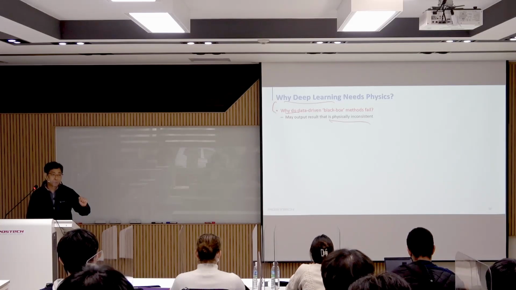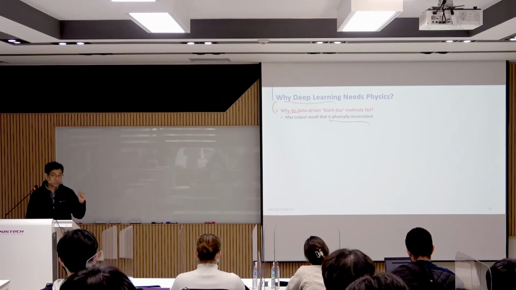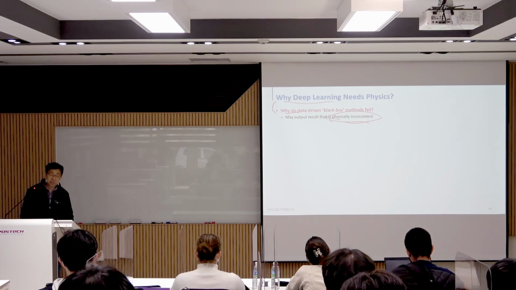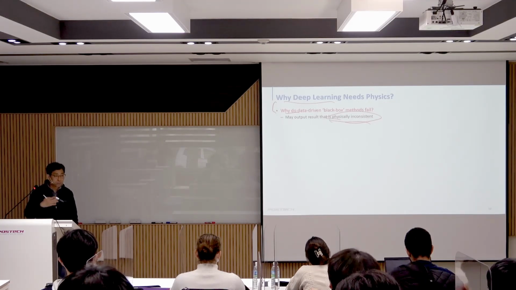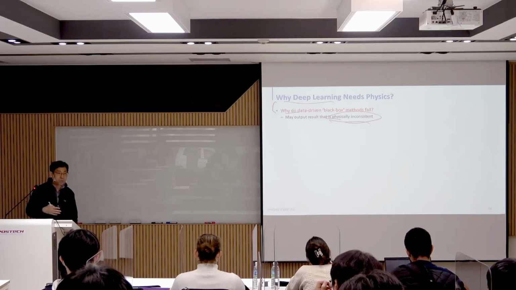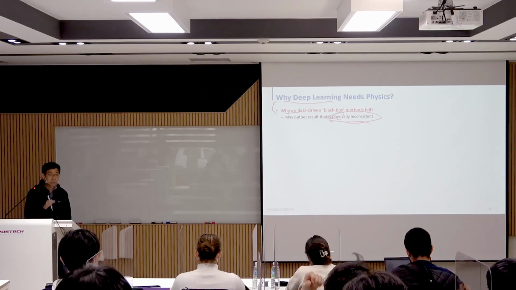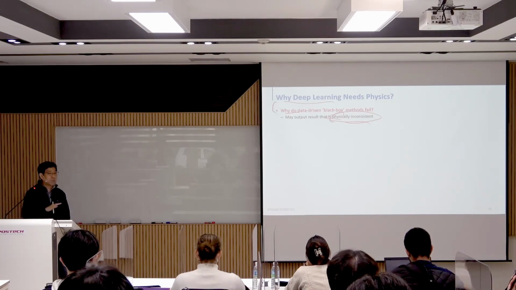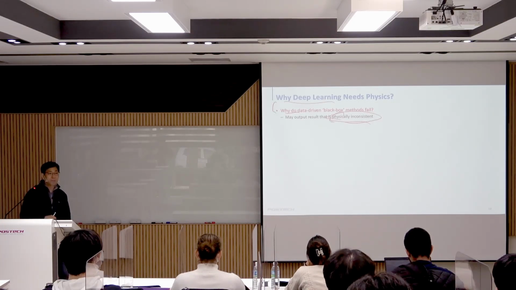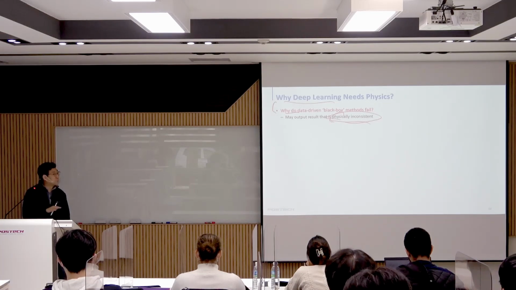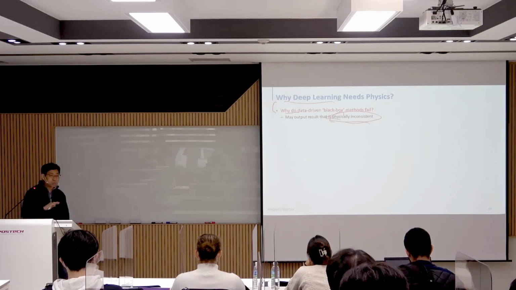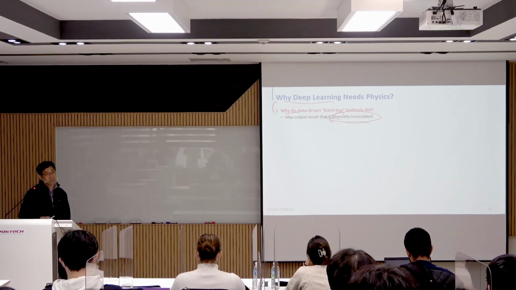Because it's a data-driven approach trying to do the best approximations, but it doesn't have to be physically consistent. Imagine you're dealing with some kind of physics problem, and the physics should always be correct. The physics is not something that we want to approximate. It always has to be satisfied, or has to be true 100%.